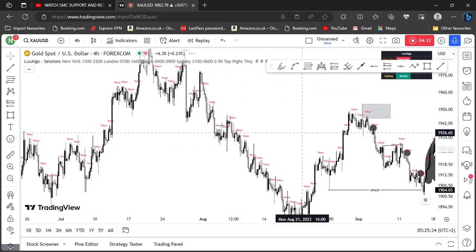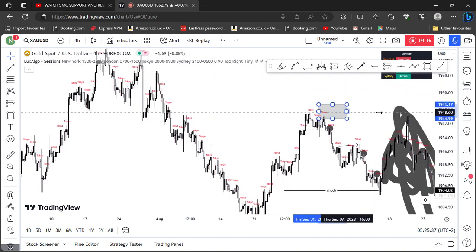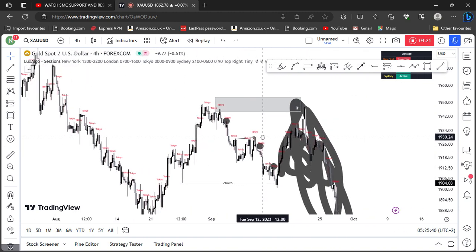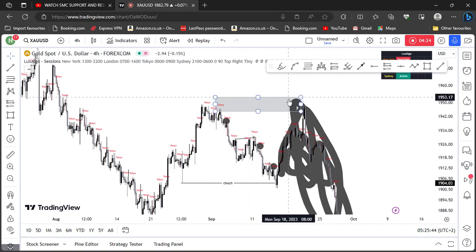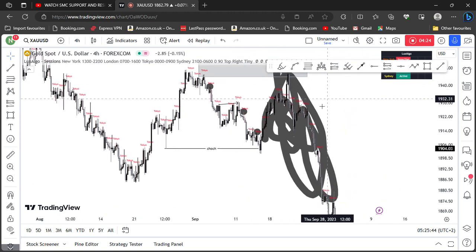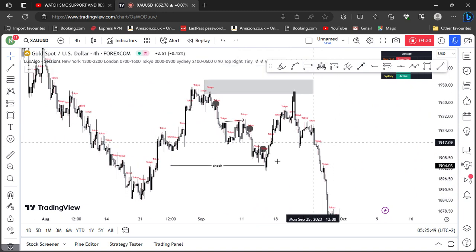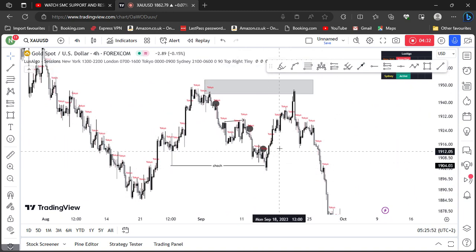So I extended my order block and waited for the price to tap into it. After it taps into my order block, that's when I'll take my sell positions, right? And that's what the price did for me. Fortunately, it didn't take long for the price to come back into my order block right there.